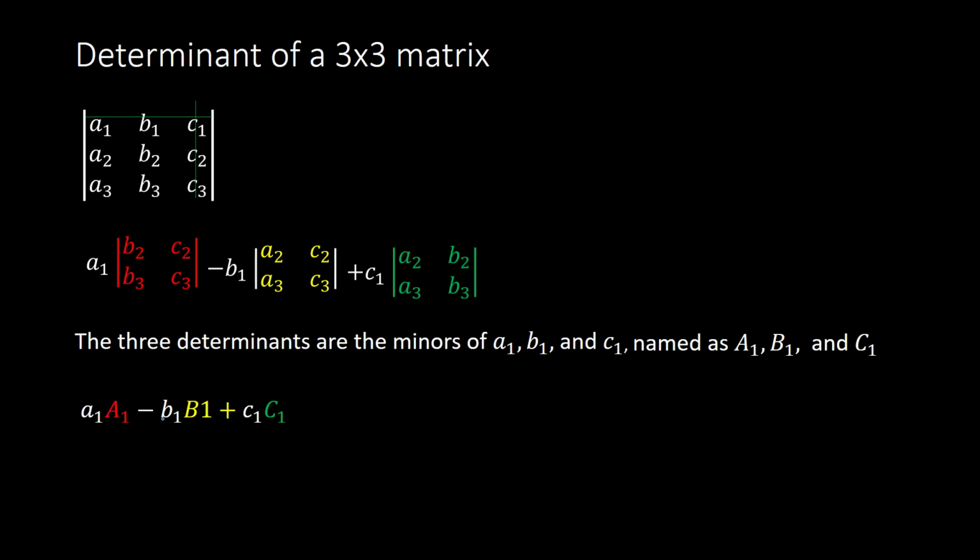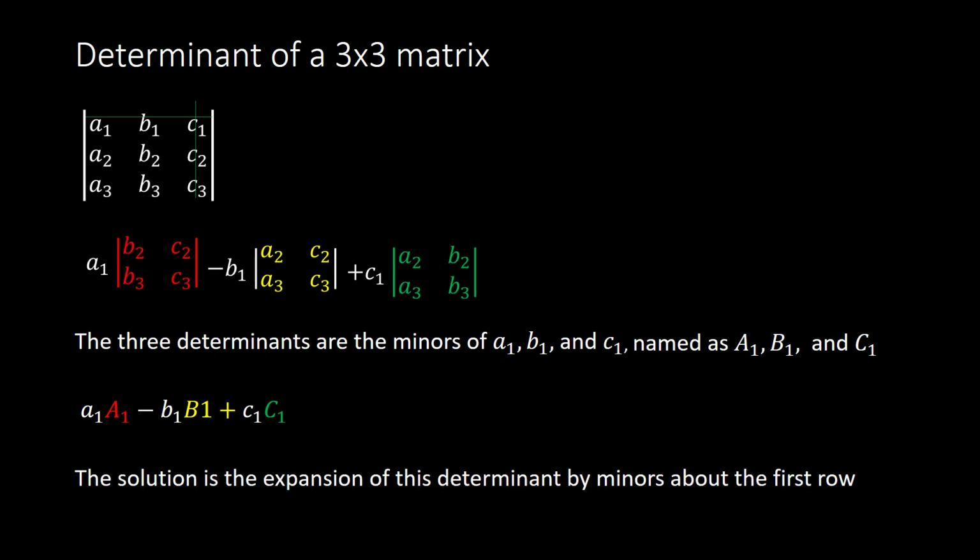And so remember, the lowercase letters are the elements, and the capital letters are the determinants that we have about those different elements. So bottom line is, we can pick a row or we can pick a column, and we can find the determinant about that row or column by using the minors.